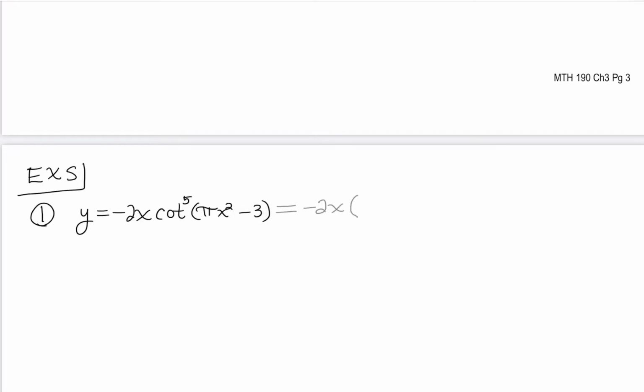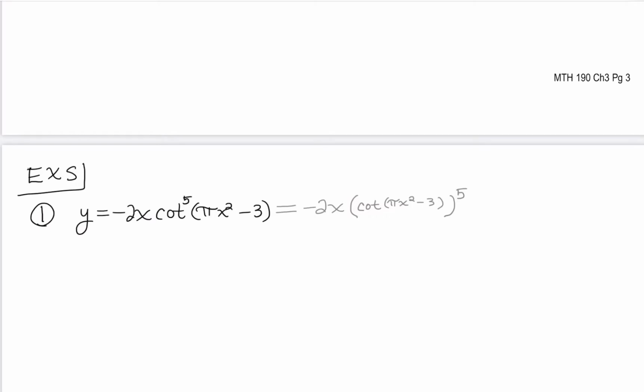So cotangent to the fifth is going to mean the entire cotangent function raised to the fifth. And so it was cotangent of whatever's inside that cotan function. Well, here it happens to be pi x squared minus 3.